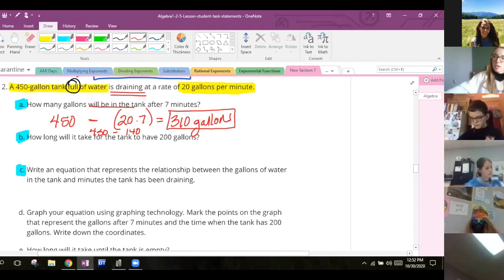Okay. So for part B, it says, how long will it take for the tank to have 200 gallons in it? Now, I think only a couple people sent in this answer, but the ones who did got it correct. So how am I going to go about solving this one? What do I have to do first? Some of y'all got it right. Tell me how you did it.